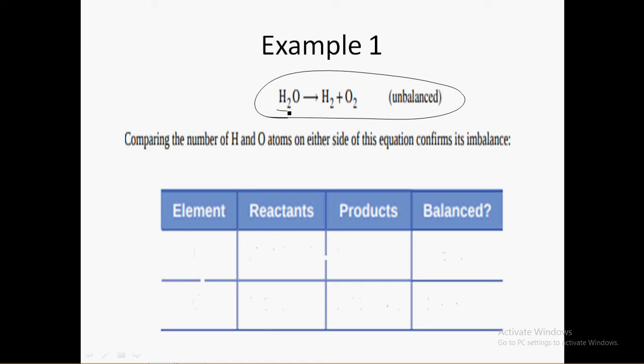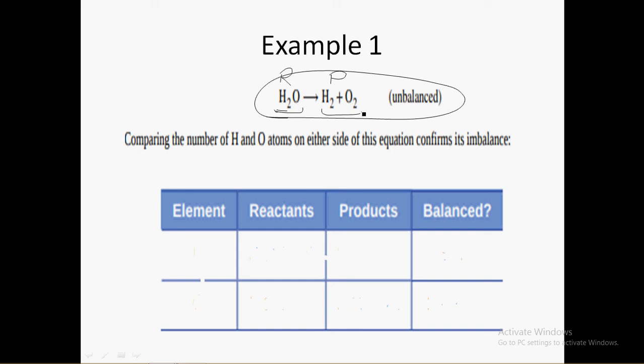Is it balanced? No. How can we count? How many atoms of each element are there overall on the reactant side or the product side? This is the left side of our chemical equation, and this is the right side.